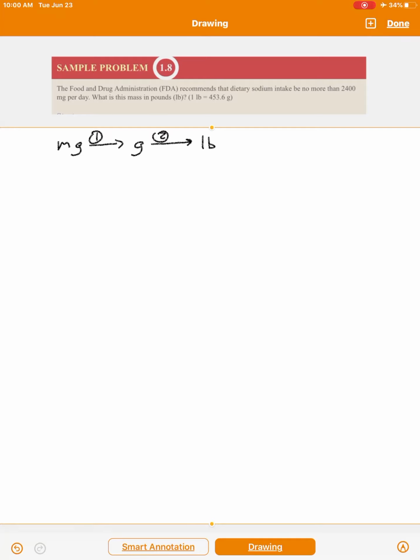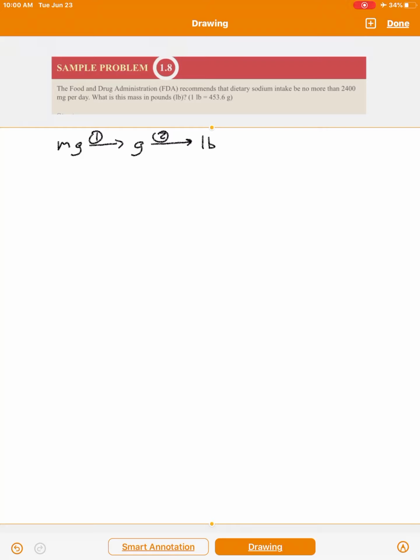See, if they told us that 1 pound is 4.536 times 10 to the 5 milligrams, a direct conversion between pounds and milligrams, we could do it in one step. But they don't tell us that. So that means we're going to break it up into two steps. We do have a conversion between grams and pounds, but we don't have the conversion between milligrams and grams. So let's do that one.